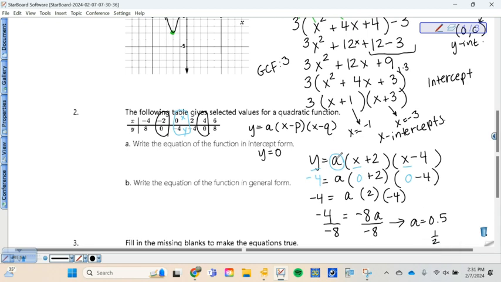And now I can finish writing my equation because I can replace a with 1/2. So my equation is y equals 1/2 times x plus 2, x minus 4. Okay. On your quiz the other day, if you got this part right, I gave you half credit. Like that's halfway there.